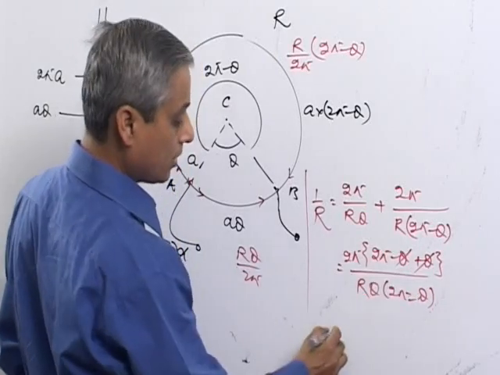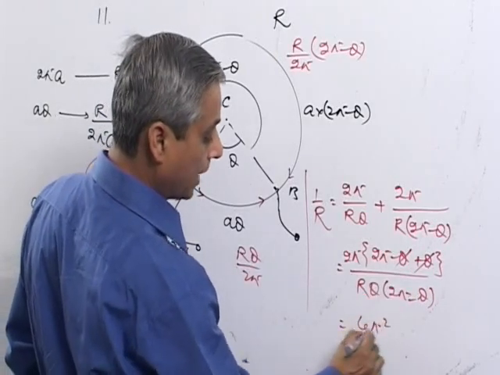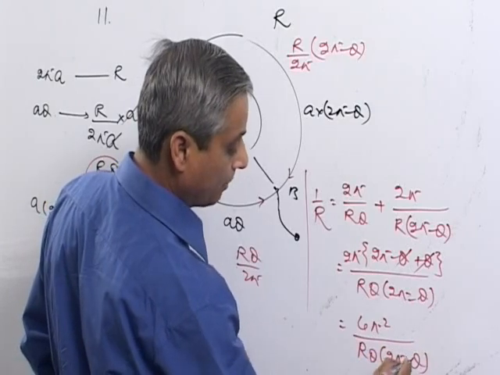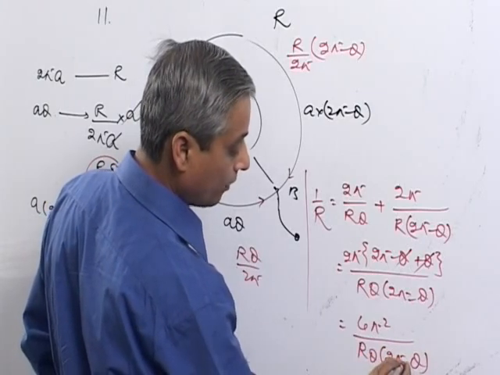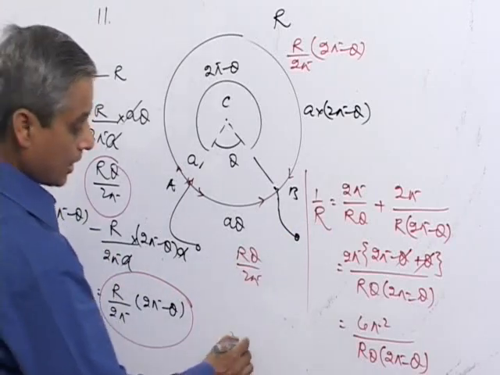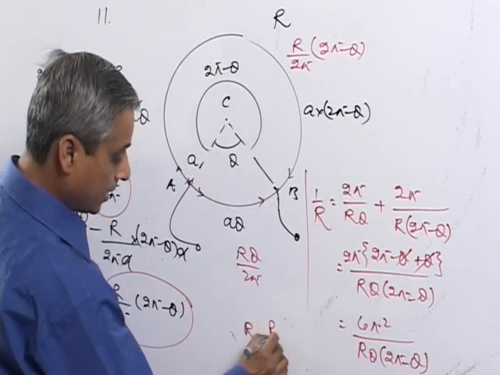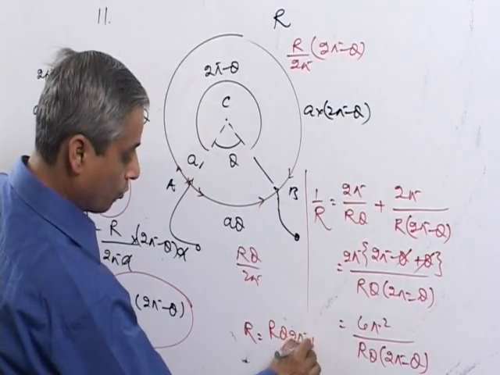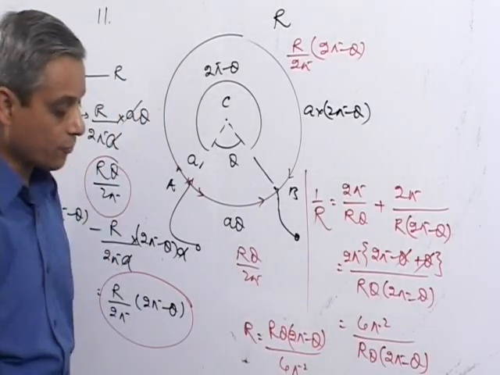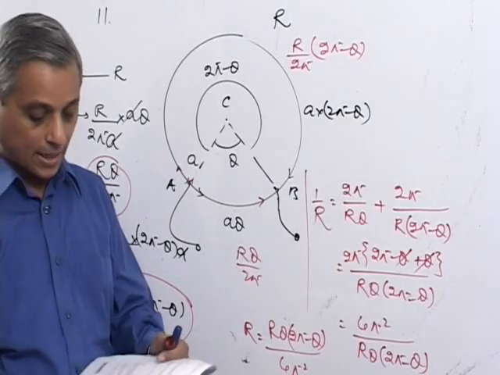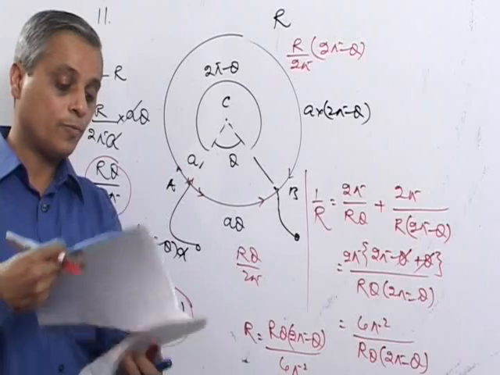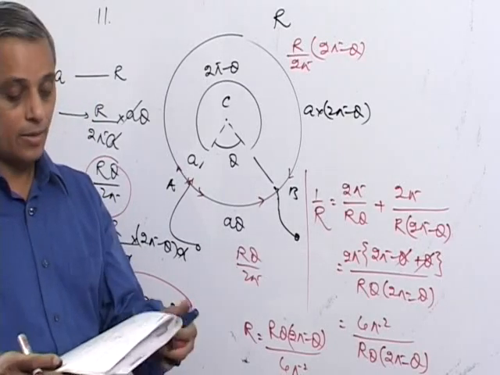Theta cancels out and we are left with 4 pi square upon R theta times 2 pi minus theta. Therefore, the equivalent resistance becomes R theta times 2 pi minus theta whole divided by 4 pi square. Let us match the answer for question number 11, and this matches option D.